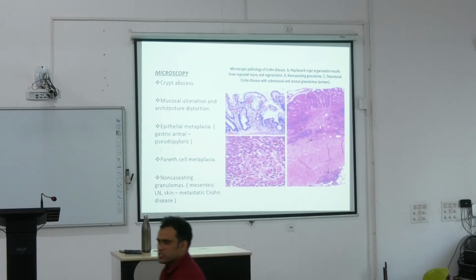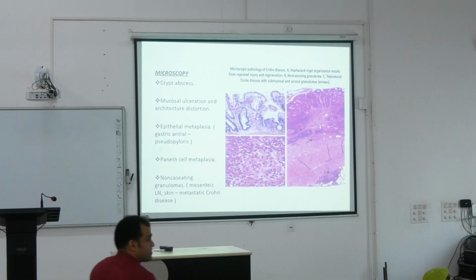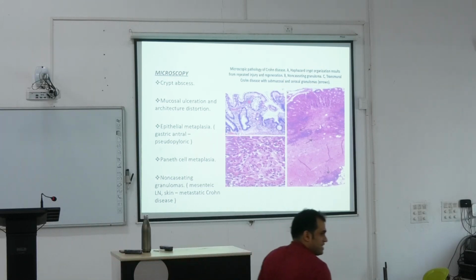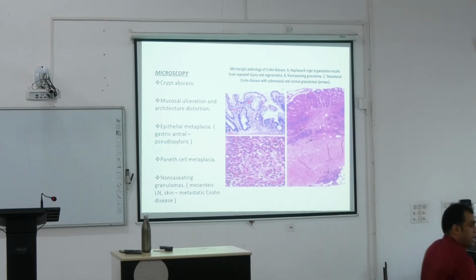But because the granulomas are found in various parts of your body and as nodules over the skin, this has been referred to as metastatic Crohn disease. But make sure this is not cancer. Out of ulcerative colitis and Crohn disease, ulcerative colitis has a greater propensity to form cancer, adenocarcinoma of the colon. It's clear? Should I go to the next slide?